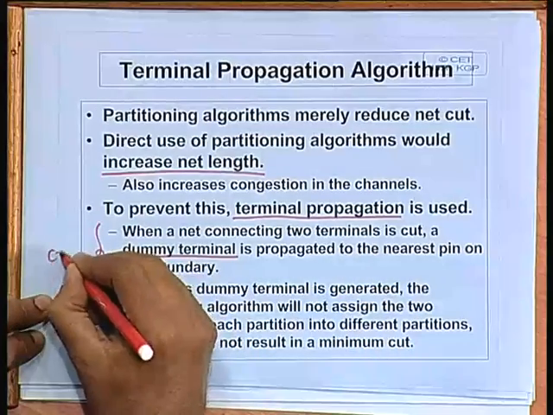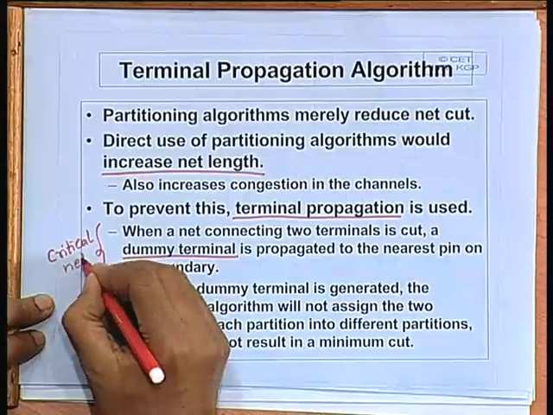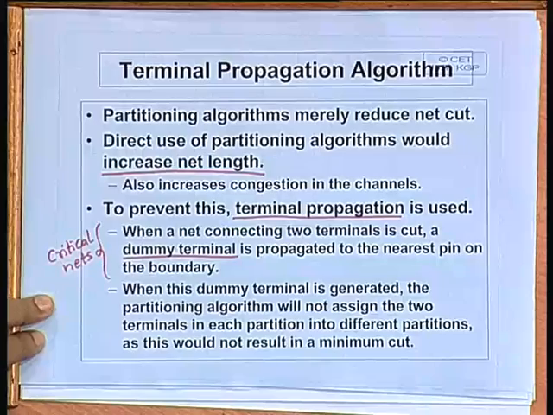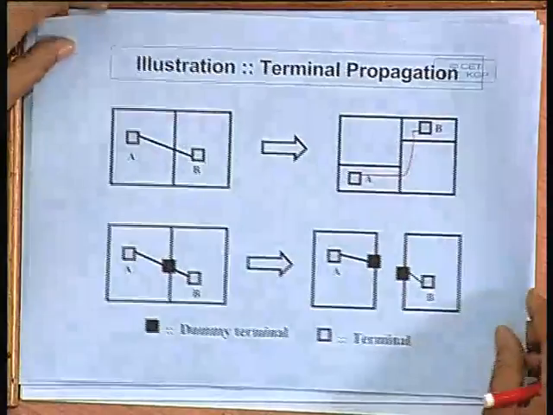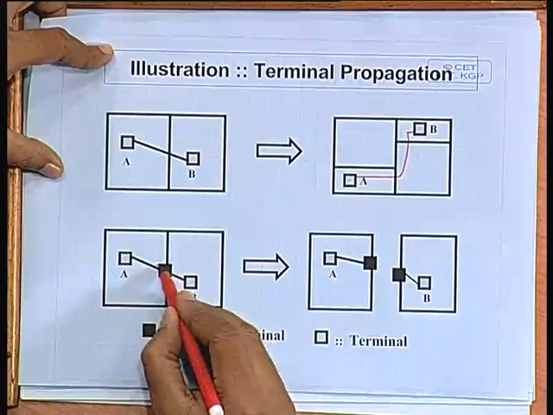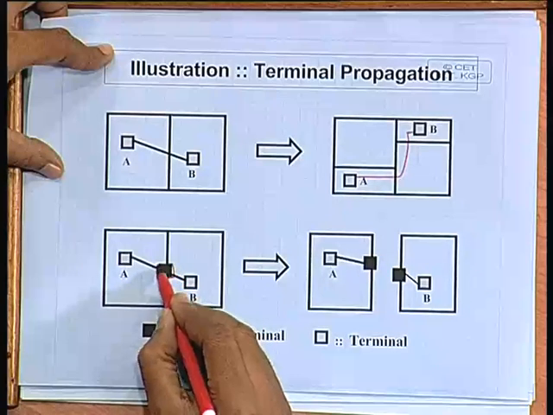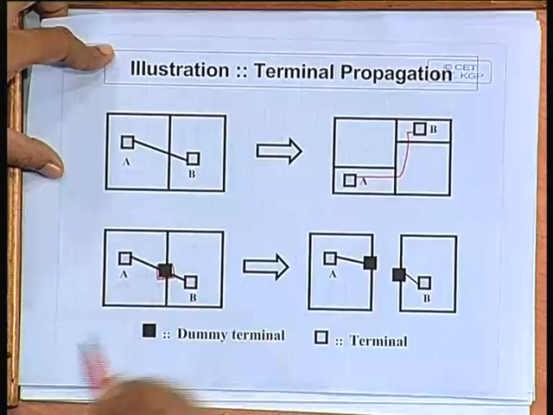Typically, this is used only for critical nets. The concept of dummy terminal is something like this. Whenever you cut this, you introduce a dummy terminal here on the boundary of the cut. This is the dummy terminal.